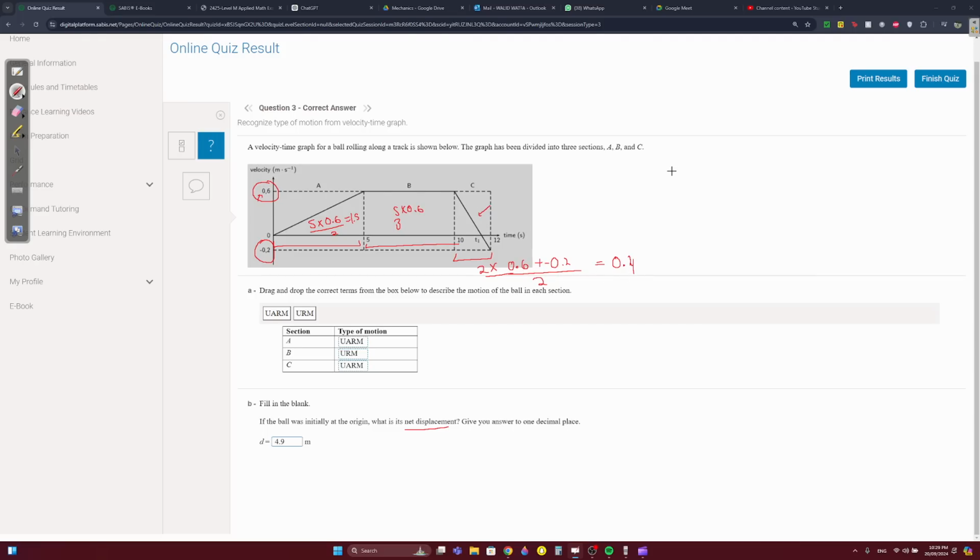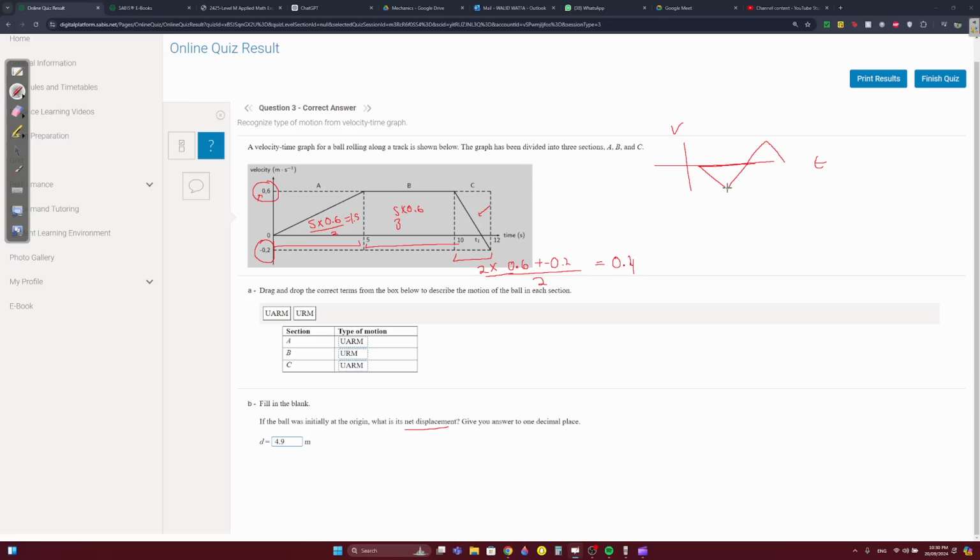Okay, this is the case. But sometimes it would go like this. They ask you to find the displacement here.